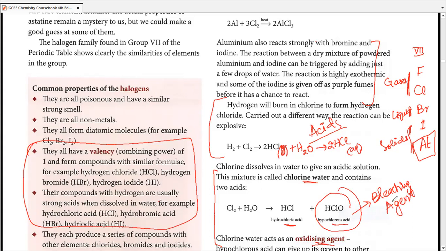We commonly use bleaching agents as detergent. Let me quote you a quick example. Let's say Ariba is eating her favorite burger along with a lot of ketchup. Accidentally, a drop of ketchup falls on her white shirt. Now the whole white shirt is ruined because of a big, huge red stain.